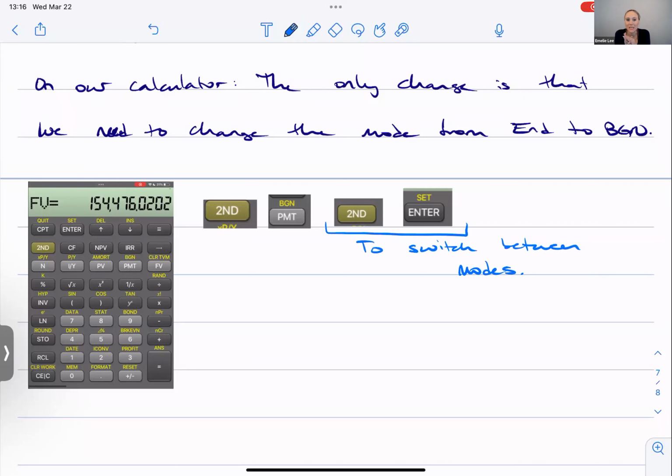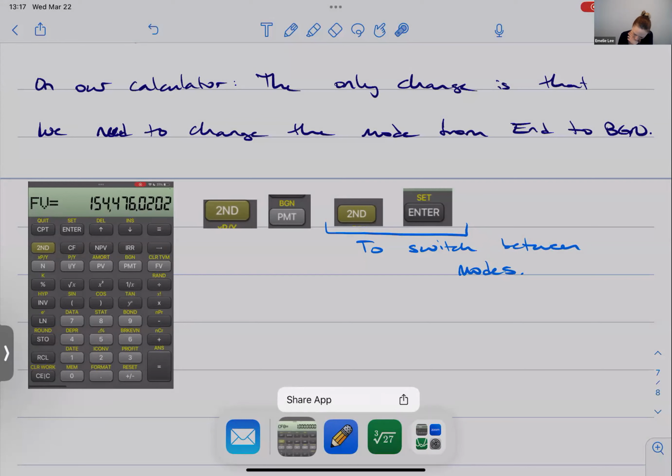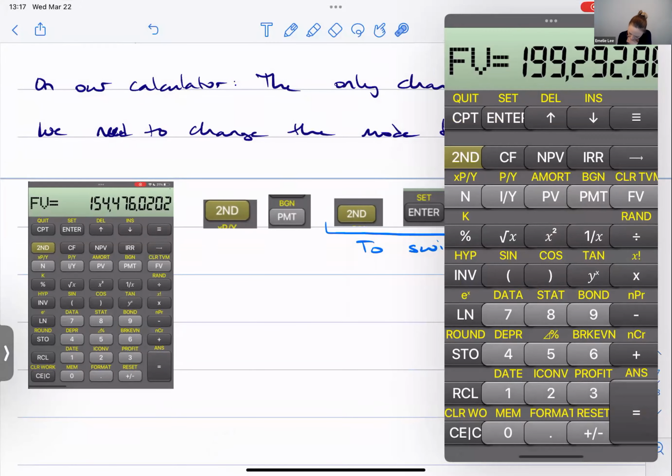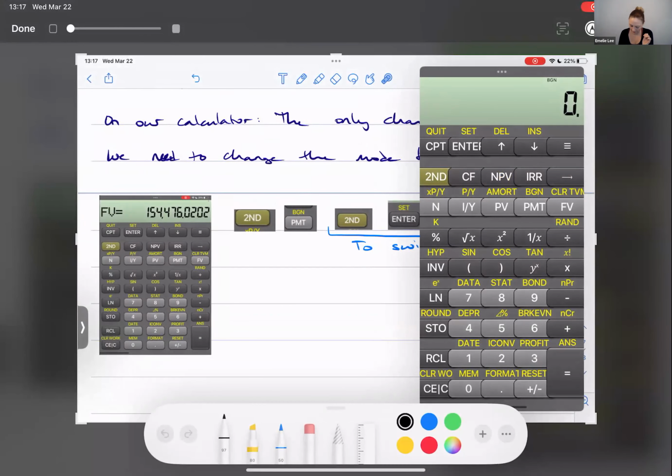When you're in begin mode, it'll show up. I guess I do need a fresh screenshot because we haven't used it like this yet. But if you go second begin, second set, then second quit, notice how it shows that little BGN.